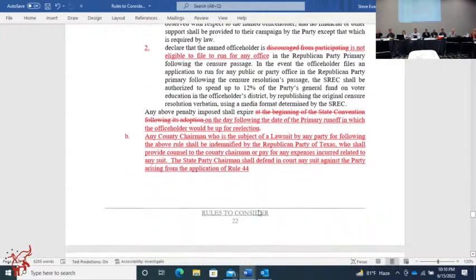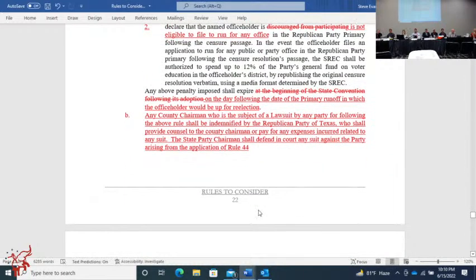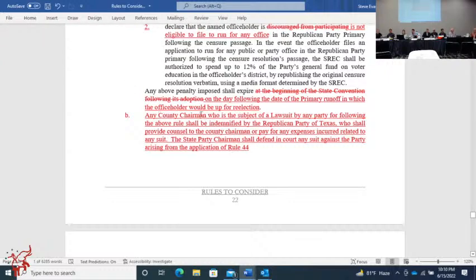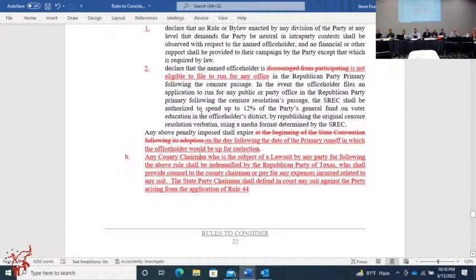The only place this occurs is in B, so your motion is to strike county and add state chair. Yes, sir. I don't see the word candidate in the second paragraph. Okay, so your motion effectively is to strike county in B and replace it with state. Is that correct? Yes, sir.